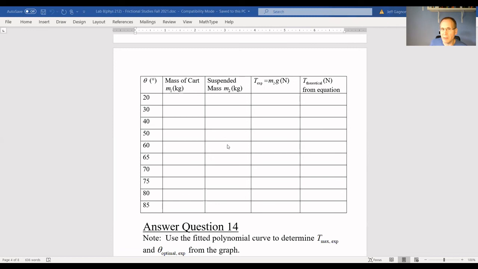So these are your experimental data. And again, your lab partners will have that data. If not, I can get you that data. The experimental tension in the string is simply going to be the weight of the hanger. So if you multiply this mass of the hanger in kilograms times 9.8, right, M2 times g, that's the experimental tension. And then the theoretical tension you can compute.